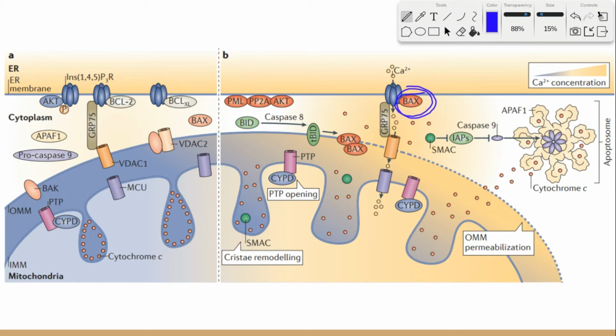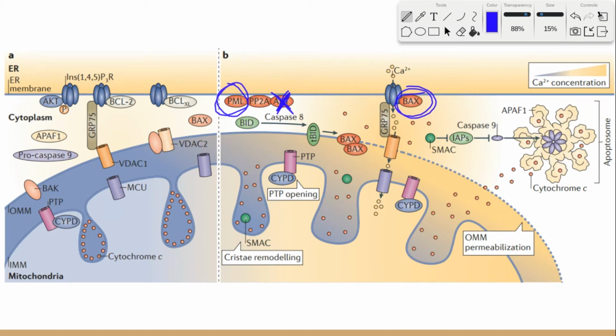In addition, our PML protein, via some unknown regulatory mechanism, has recruited and then inhibited AKT. PML inhibits AKT at these MAMs.